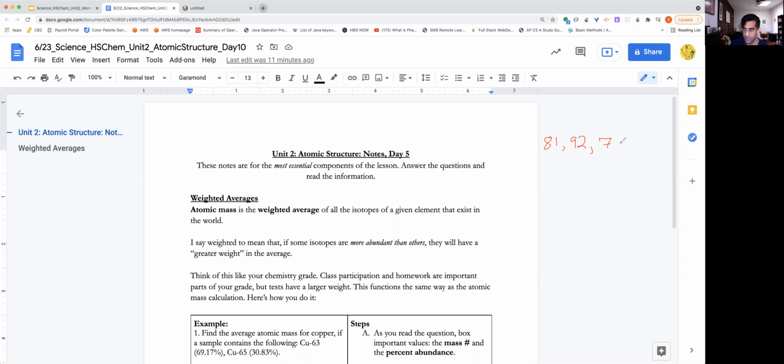I got a 70. If I wanted to calculate the simple average of those three tests, I would add them together and divide by 3. And that would give me, let me just calculate for us real quick.